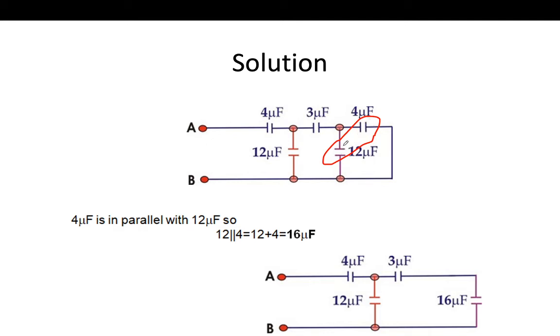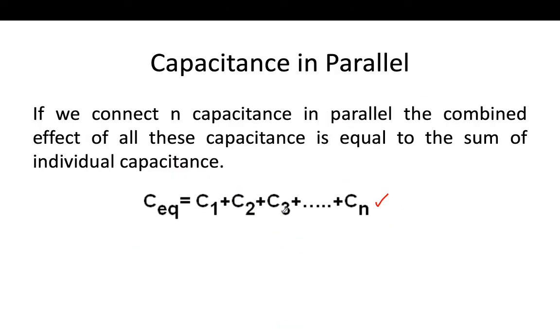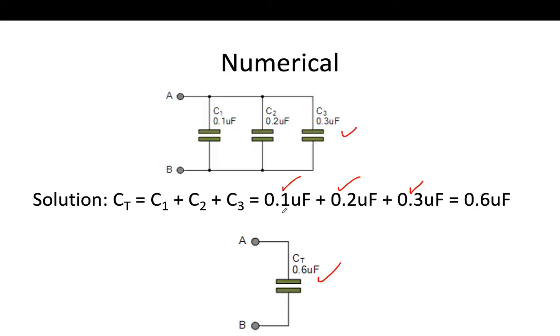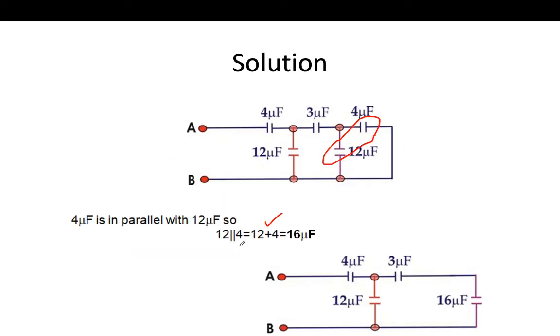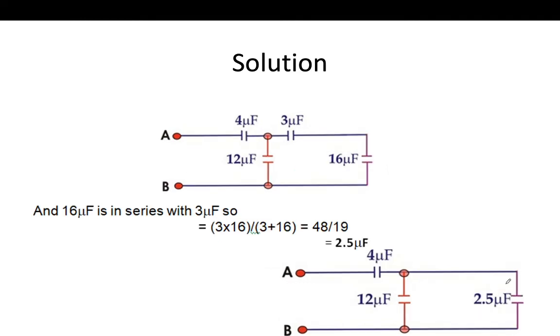So how do we solve the parallel one? By just simply adding, because in parallel we just add them. So we add 12 plus 4, that is 16. Now we will move forward. So now we get the 16 value.